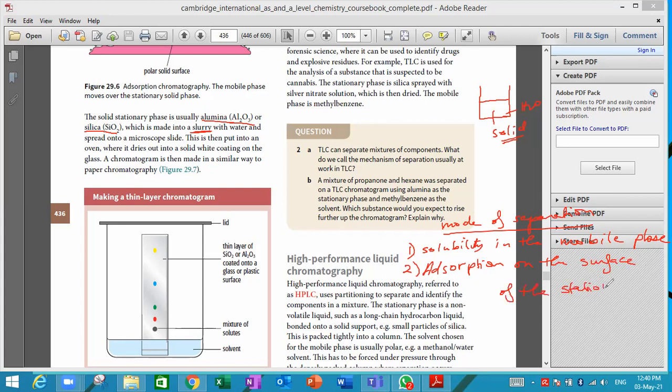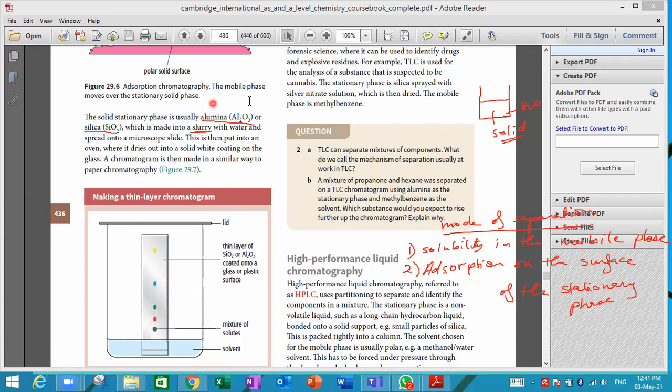So it depends whether the solute would like to move with the mobile phase. When it likes to move with the mobile phase, this means that it is more soluble in the mobile phase. Other solutes would like to be adsorbed. Adsorbed means to be placed at the surface, not absorbed, at the surface of the stationary phase.